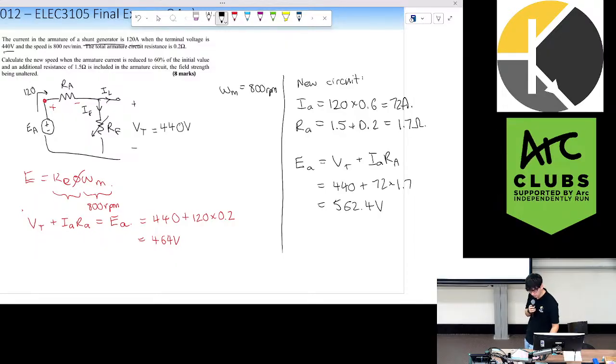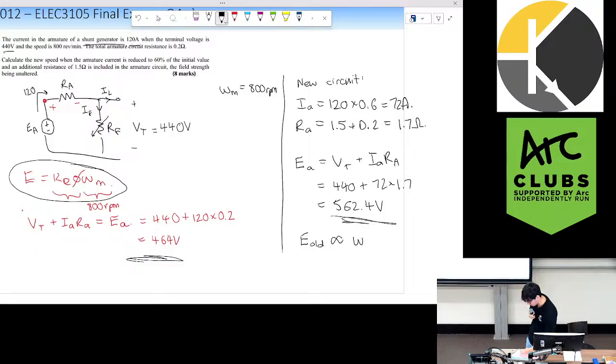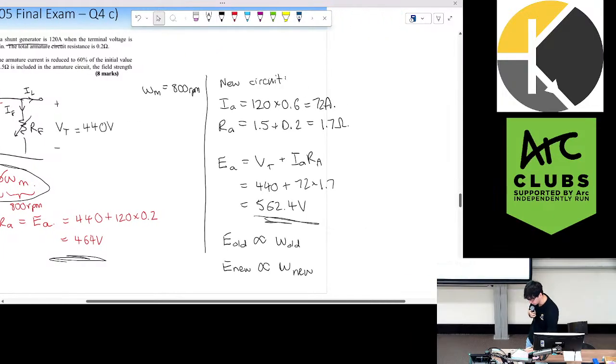So I have the original EMF generated and I have the new EMF generated. Now I'm going to use this equation to compare how the speed will change. The old EMF is proportional to the old speed, and the new EMF is proportional to the new speed, so I can create a ratio.